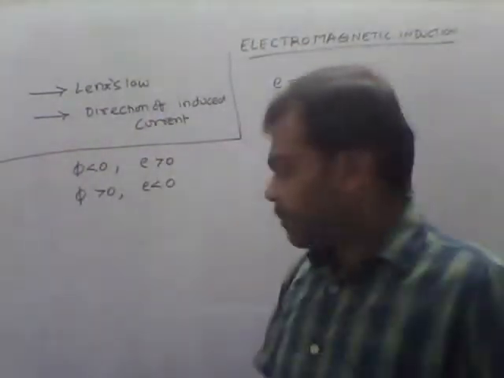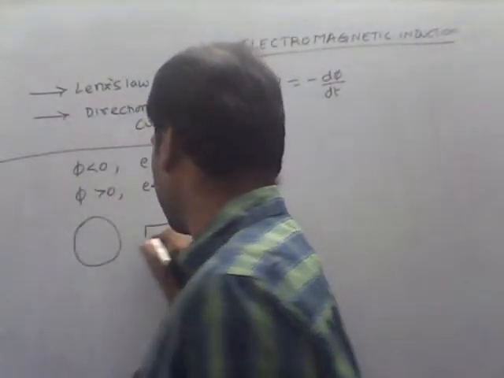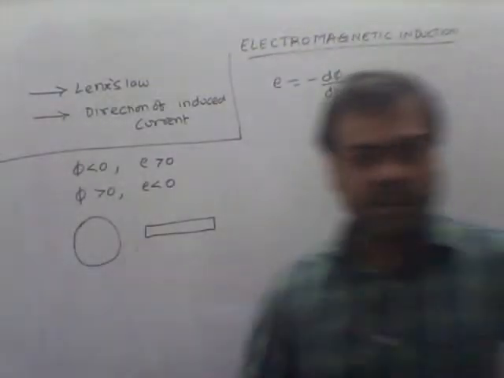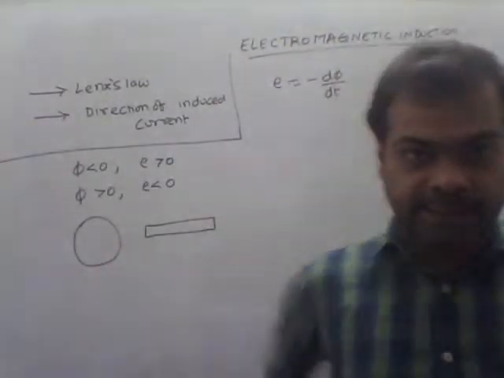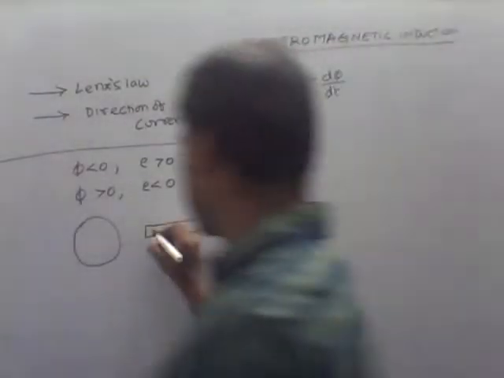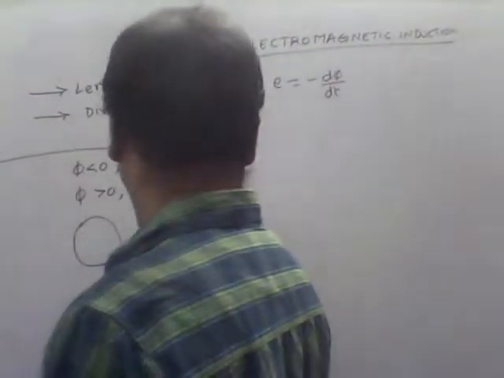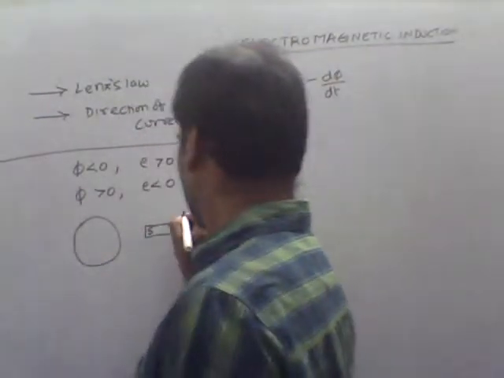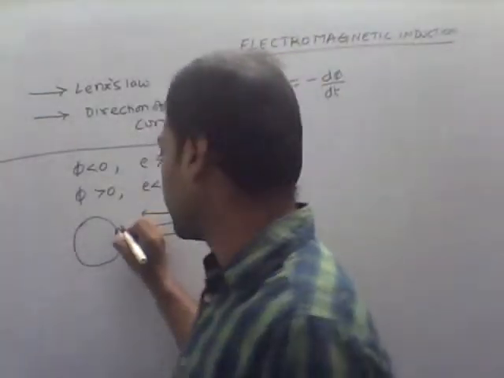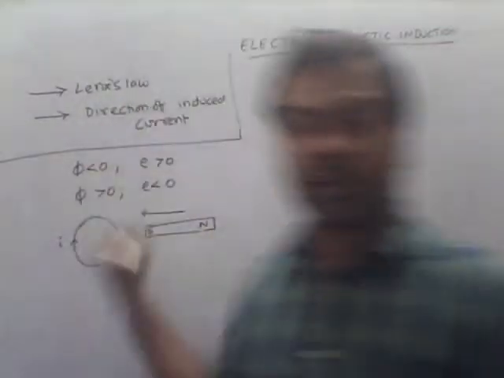Suppose I have a circular coil and a bar magnet. Not necessarily every time do we consider a bar magnet; we can consider any two conductors. Let us consider this as the North Pole. Whenever the magnet is moving towards the coil, inside the coil I have a current moving in the clockwise direction.